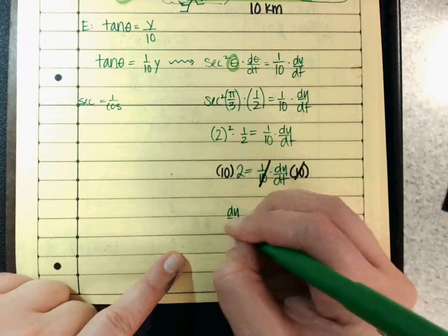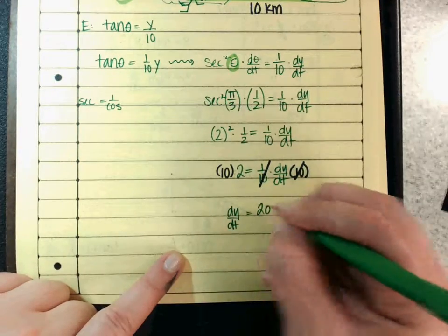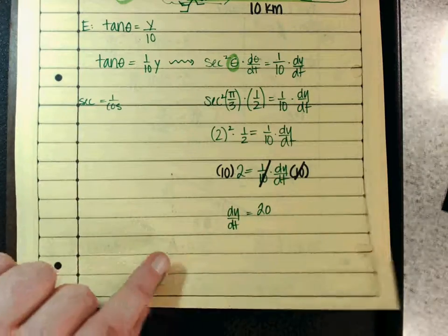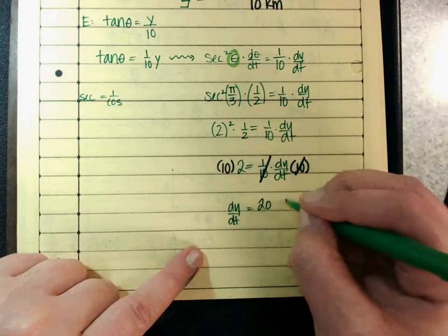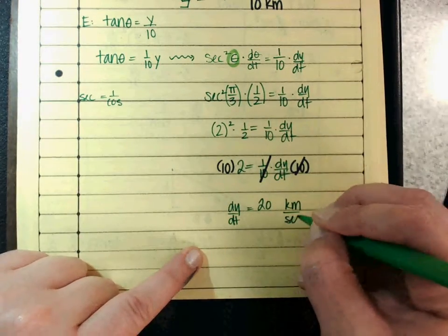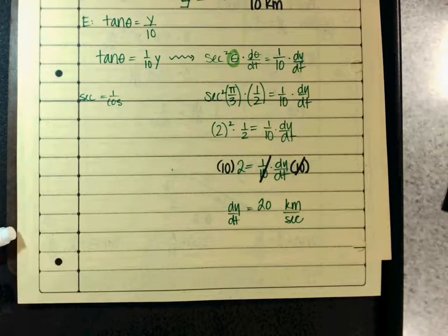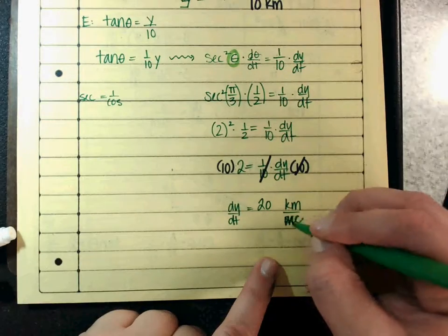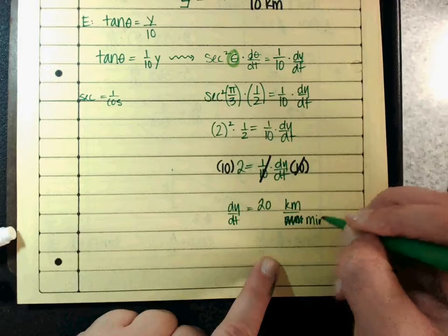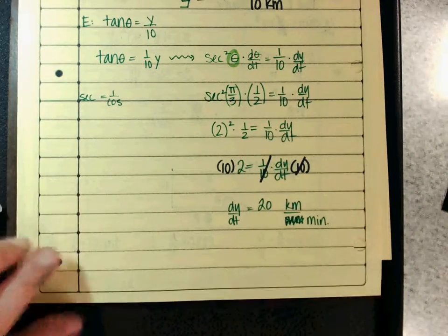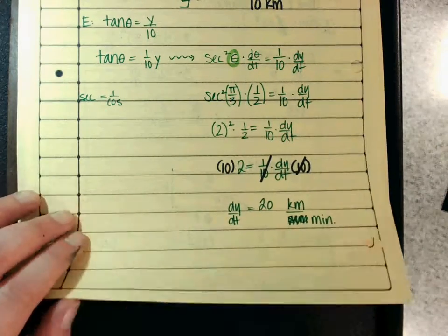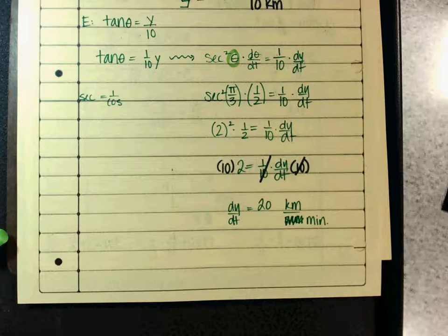Good. So it'd be 20, and then think about y was measured in kilometers, so this would be kilometers per second. Or actually it was minutes, sorry. Wow, that is a very slow rocket. It's like barely moving.